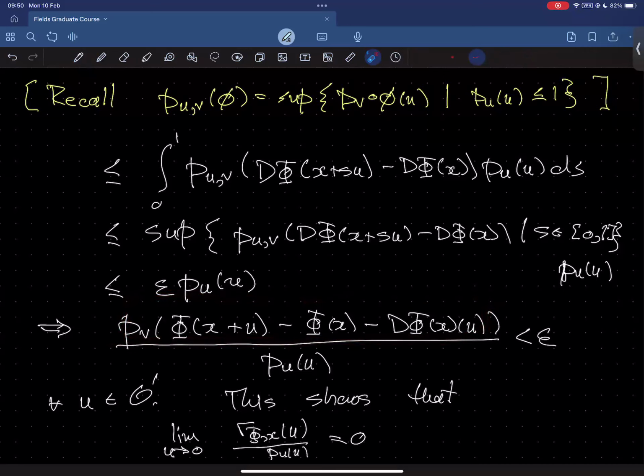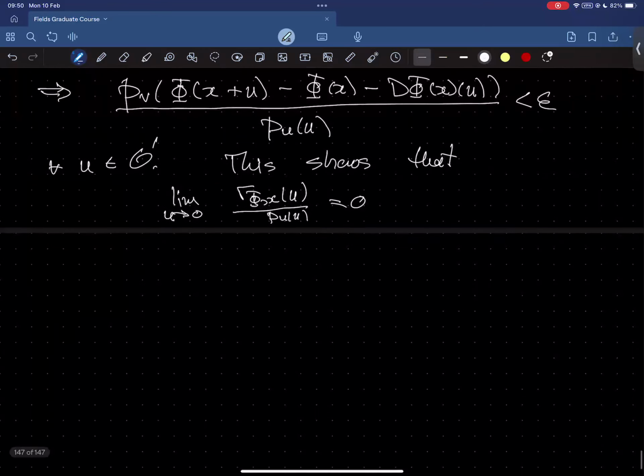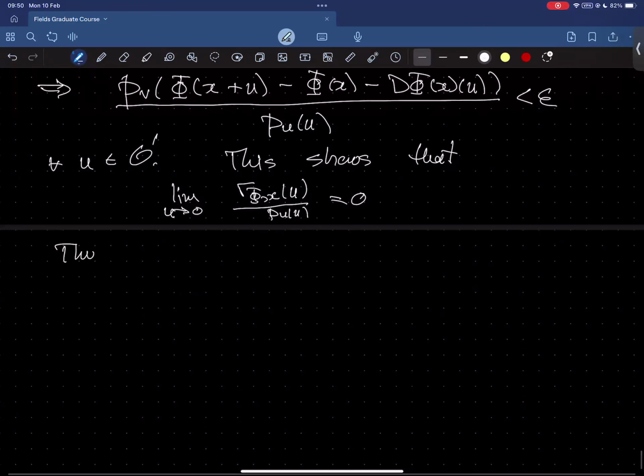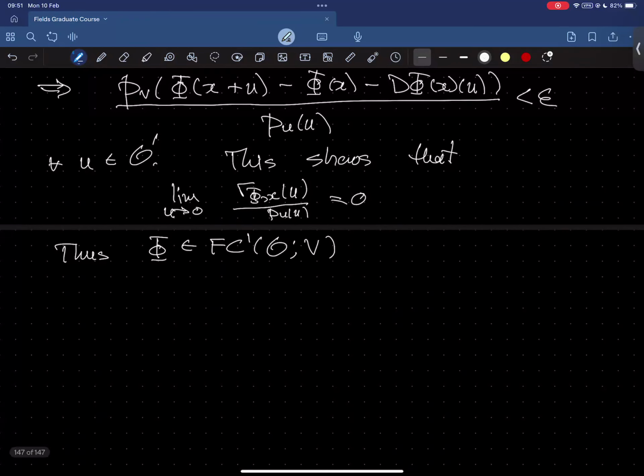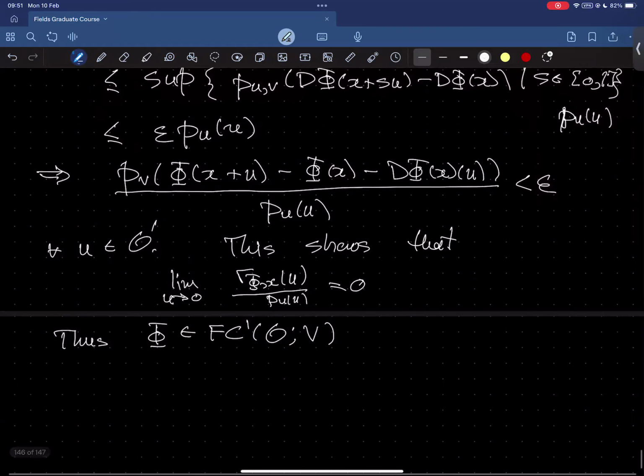Good. So that's it. Thus phi is of class FC1 on O, because I've shown that this is true for every x.